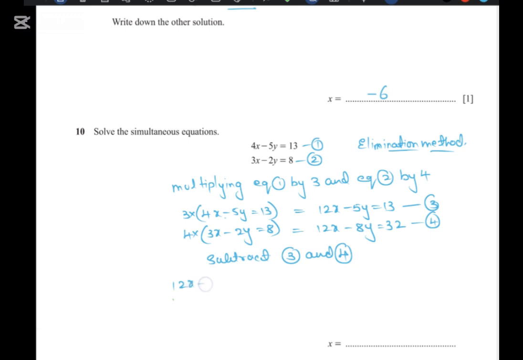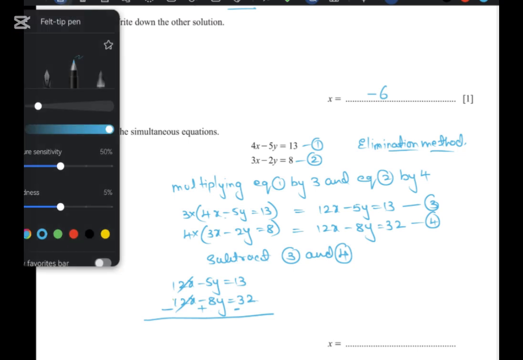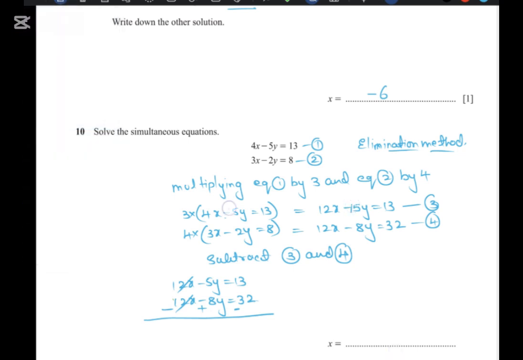So 12x minus 15y is equal to 39. 12x minus 8y is equal to 32. Because we are doing subtraction, the signs are changing for the next equation: plus sign becomes minus, minus sign becomes plus. So 12x minus 12x gets cancelled.